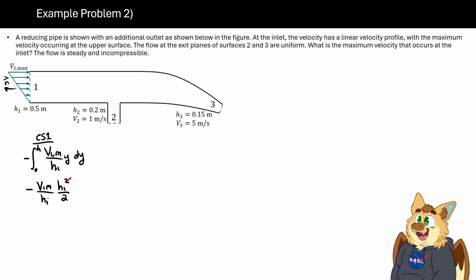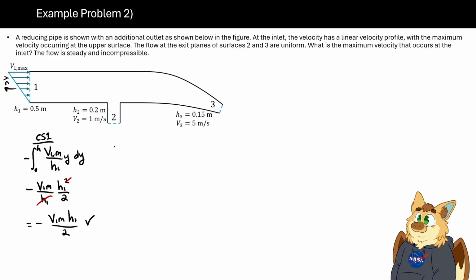We could cancel out one of those h1s, and then we would be equal to negative v1,m times h1, all divided by 2. And I think that's good enough for control surface 1.